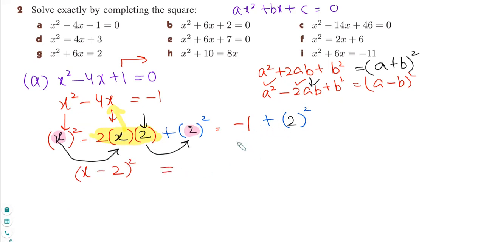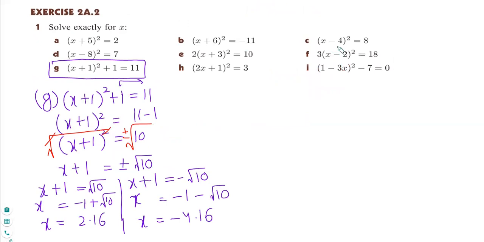And what we are left with on the right hand side will be negative 1 plus 2 squared, which is plus 4. So (x minus 2) whole squared is equal to minus 1 plus 4, which gives you 3. Now we have the same form that we had in question number 1, right? On the left hand side, we have a completed square.